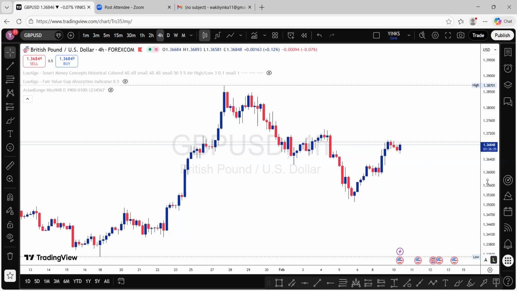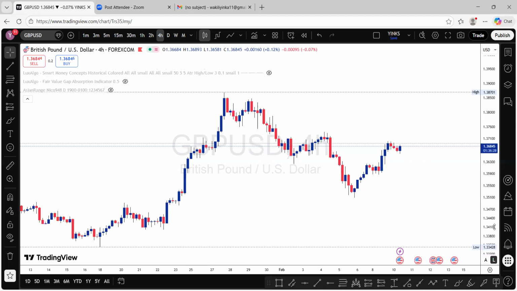Reading the market structure. What's also the situation? Is Mimi there? Yes. For me, I'm finding how to identify the demand and supply zones.